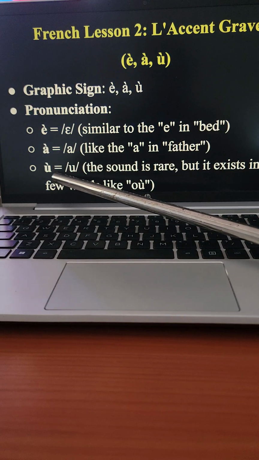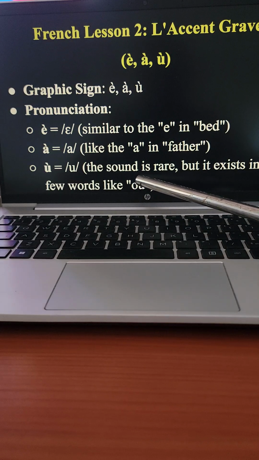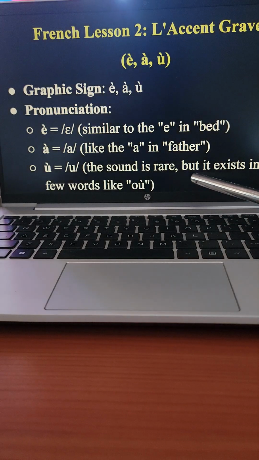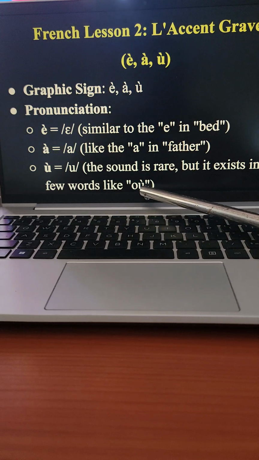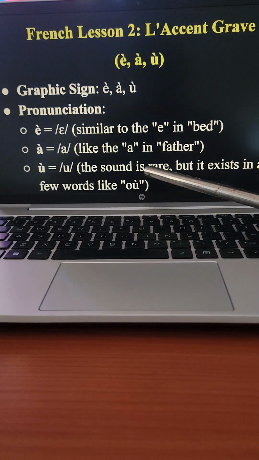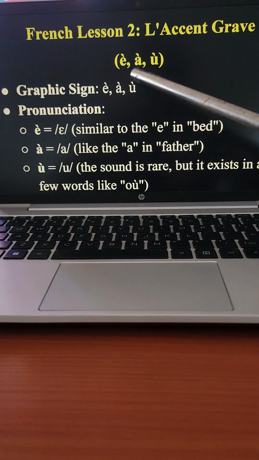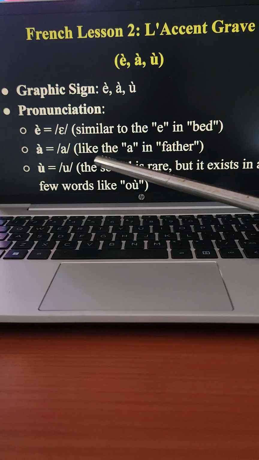So we have the U there. The sound is somehow rare, but it exists in a few words, like ou. You see the difference between the u and ou and how it works. So you can see this accent grave.